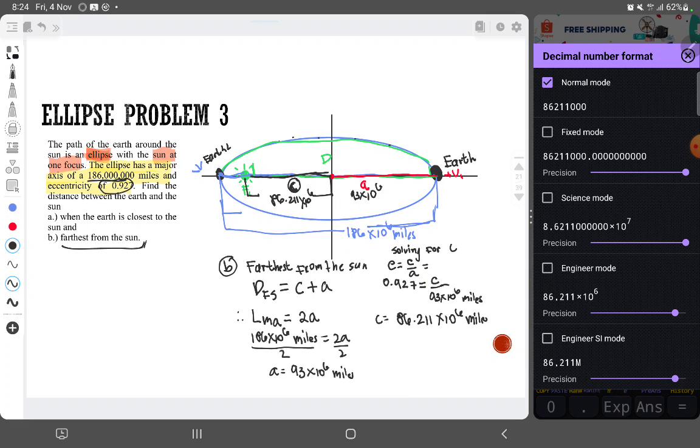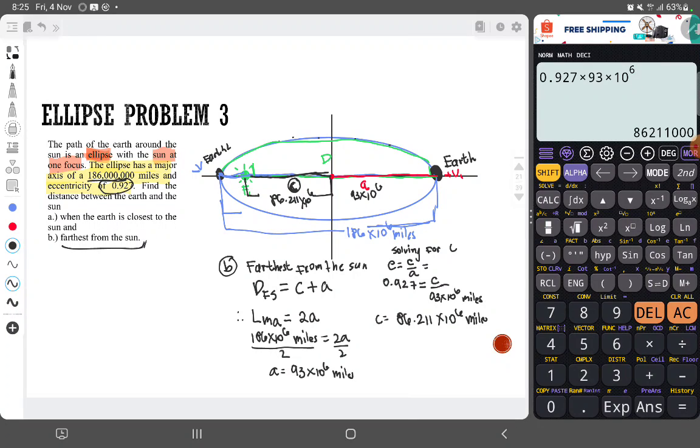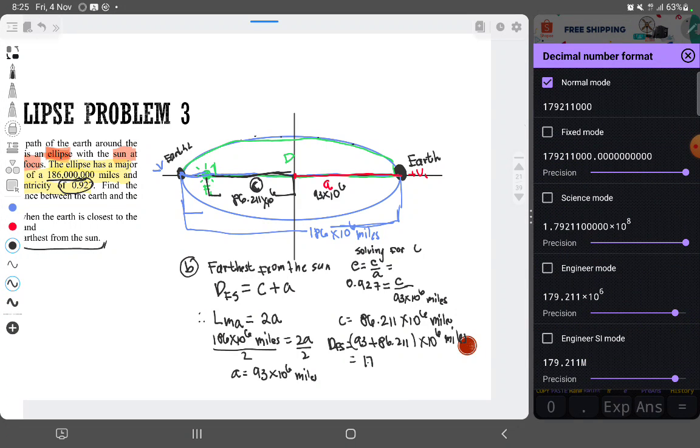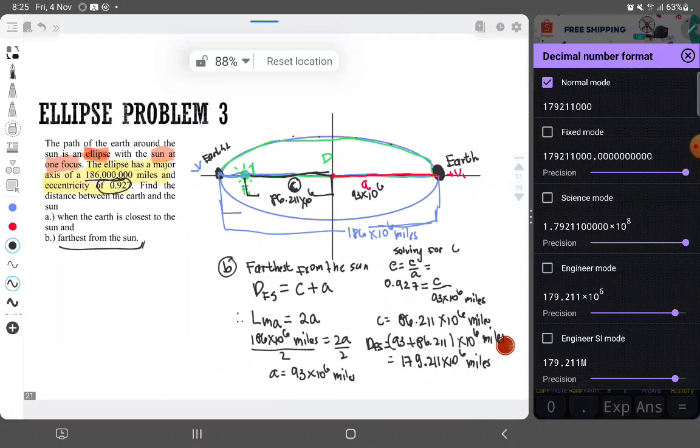If you add this together, DFS is equal to 93 plus 86.211 times 10 raised to 6 miles, which is equal to 179.211 times 10 raised to 6 miles. That would be for our letter B.